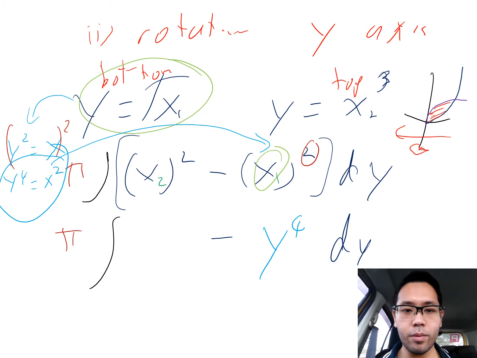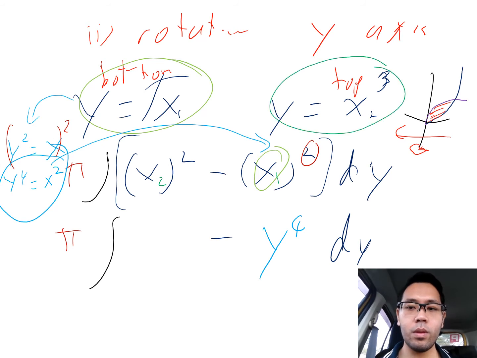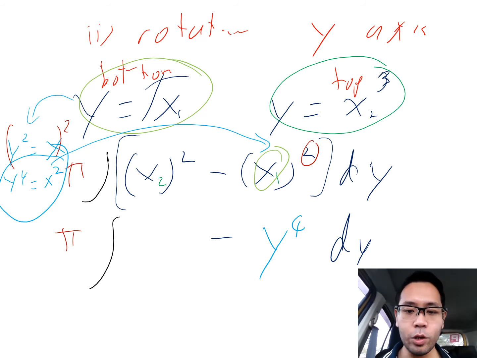Okay, so now for the x2, I need to rearrange this one. Firstly, you don't want to have this square root or this cube, so you cube root everything. So you got y^(1/3) equals x. And then you see there's a square over here, so you square both sides.